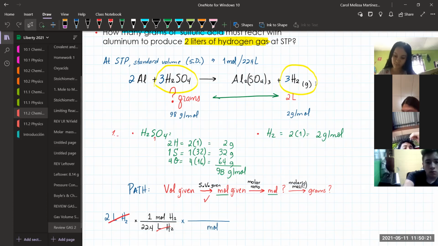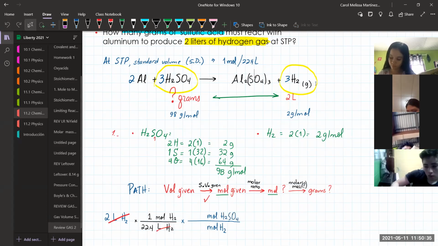Because I need to eliminate the units. So up, I'm gonna write my number of moles of sulfuric acid. So right now what I do is I just write the coefficients where they belong. I have 3 moles of hydrogen gas that are produced from 3 moles of sulfuric acid.